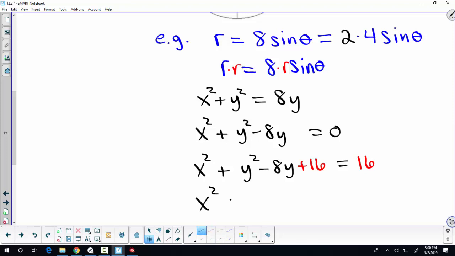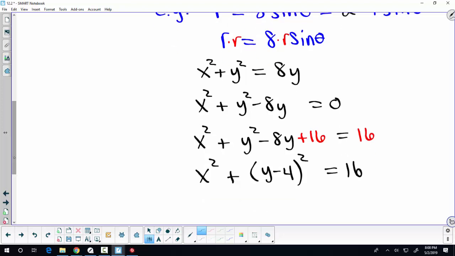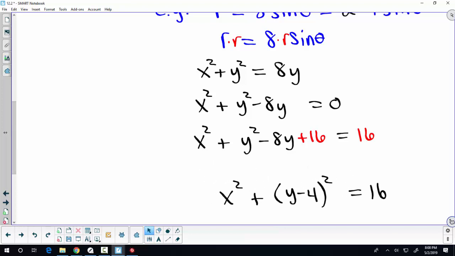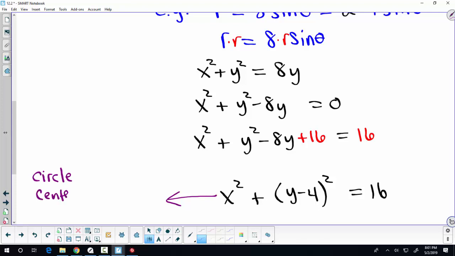So we have x squared plus the quantity y minus 4 squared, and now we see that it's a circle whose center is at 0, 4 and whose radius is 4.